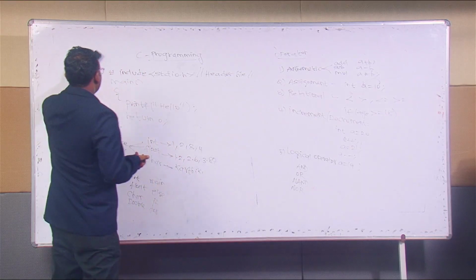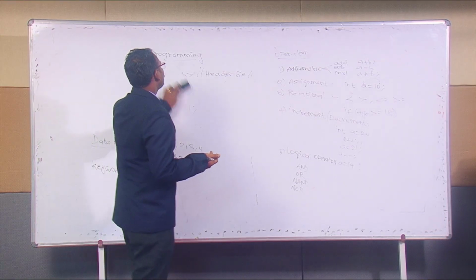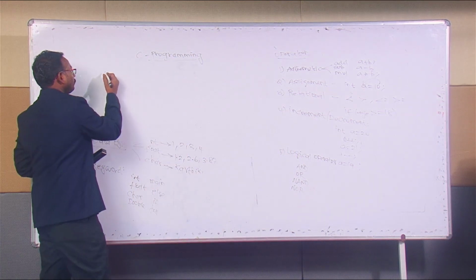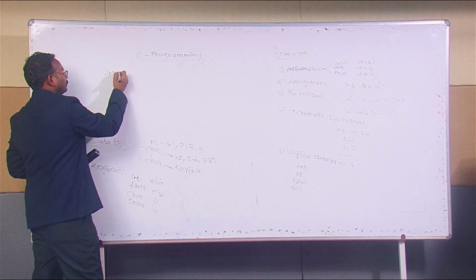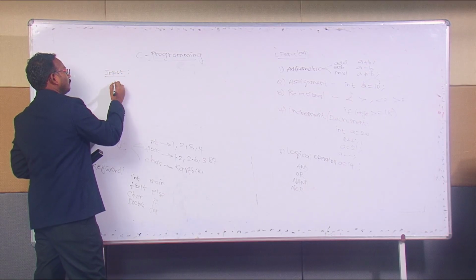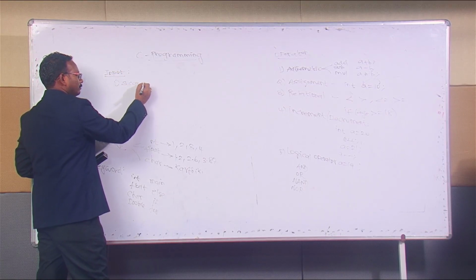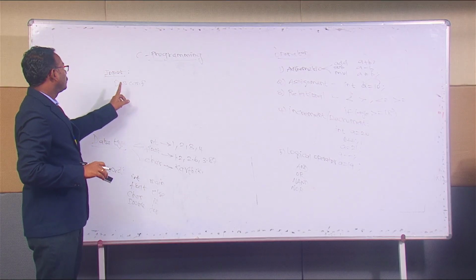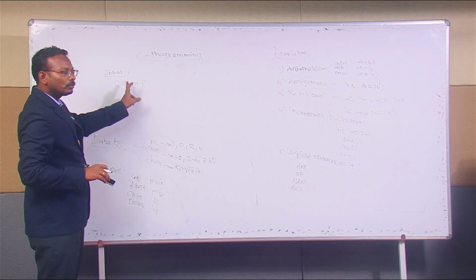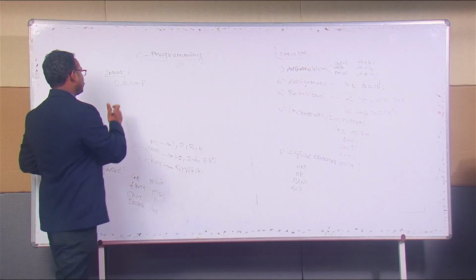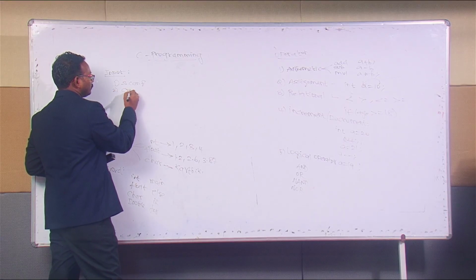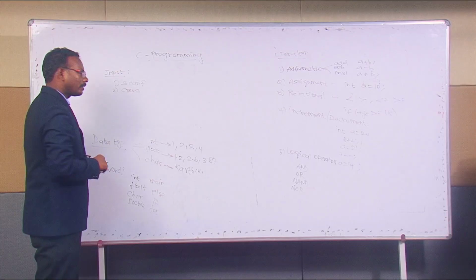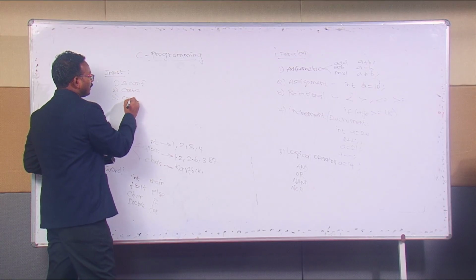And next are the input and output statements. What input and output statements are used in C? In input statements, we use scanf, which is one of the most important input statements. Next is gets, and the third one is getchar.